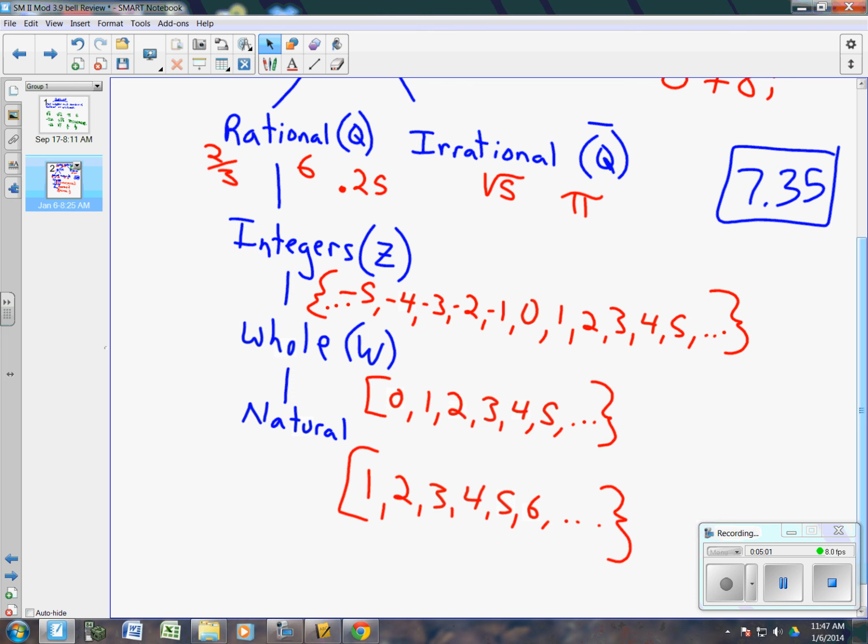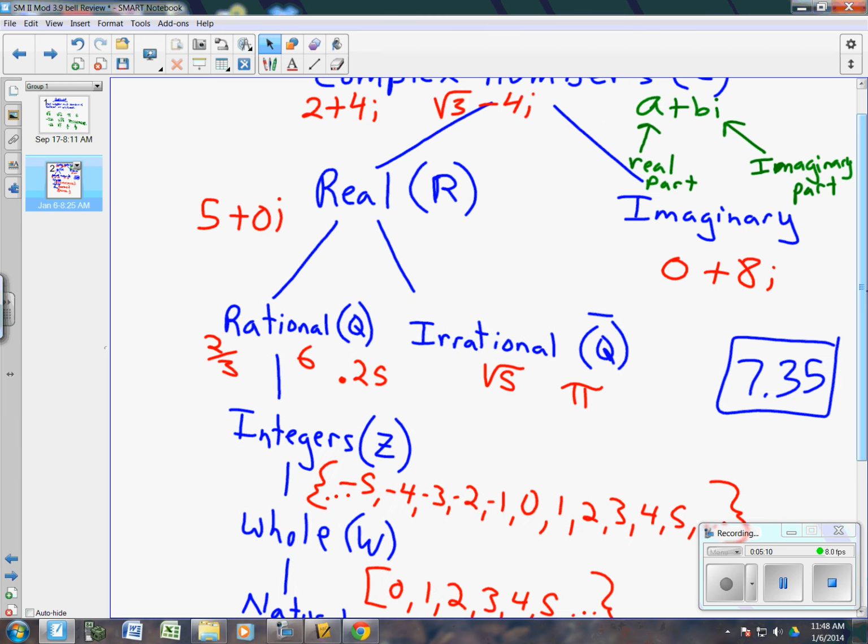First of all, you determine, is this a real number or an imaginary number? A real number. So you start at real number over here and you go down. You put an R by that. Then, is it rational or irrational? It's rational, it's got to be one or the other. Then you ask, is it an integer? It is not, so you stop right there. So you're just going to have an R and a Q by 7.35.